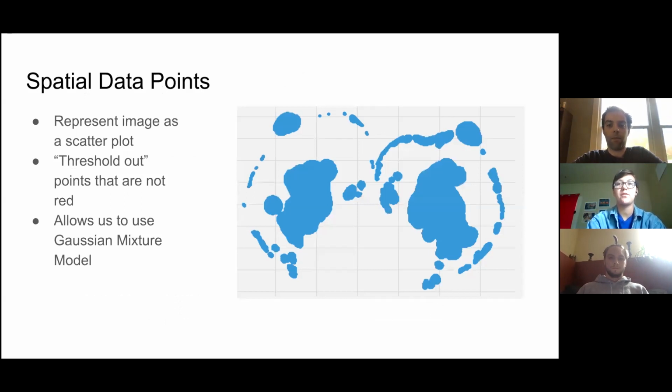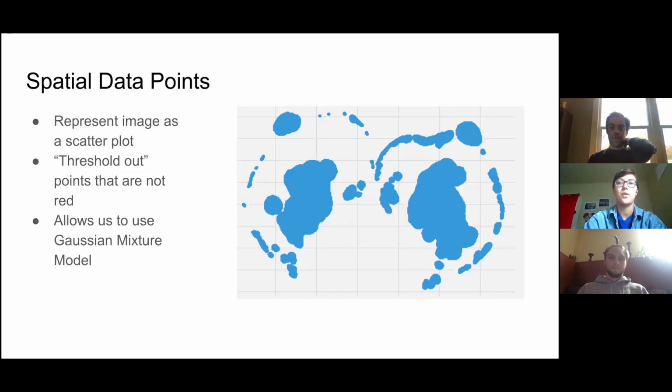So now that we've converted it to grayscale, each of the pixels is just represented by one number, and we use that number to represent the image as a scatter plot of spatial data points. So first we threshold out all the points that are not red, since basically all the darkest pixels will have the highest grayscale values or the lowest.